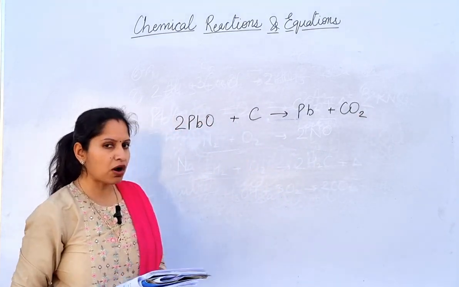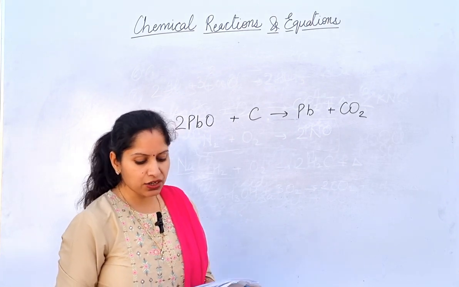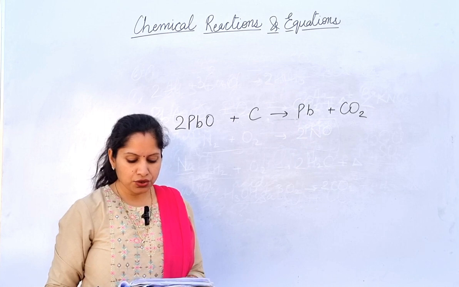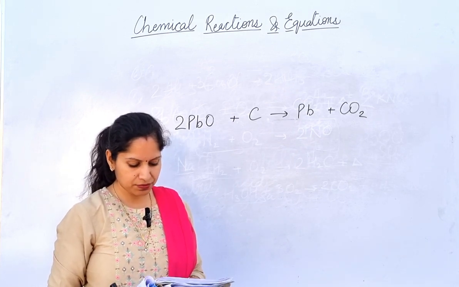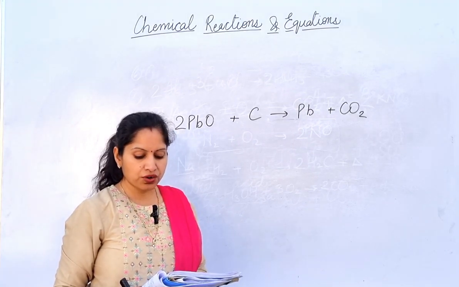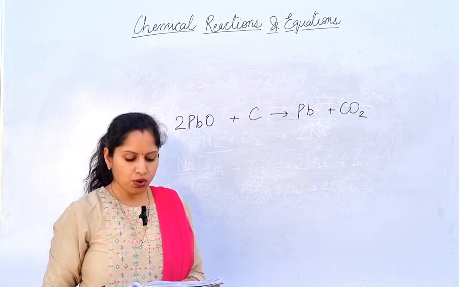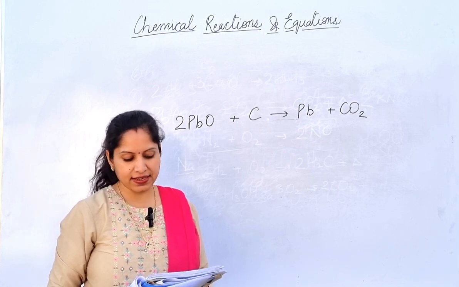What's not true about this reaction? First, lead is undergoing reduction. Second, oxidation of carbon dioxide is taking place. Third, oxidation of carbon takes place. Or reduction of lead oxide takes place.